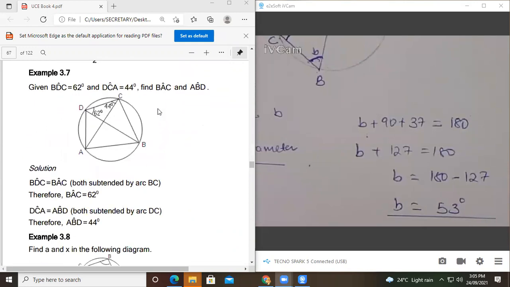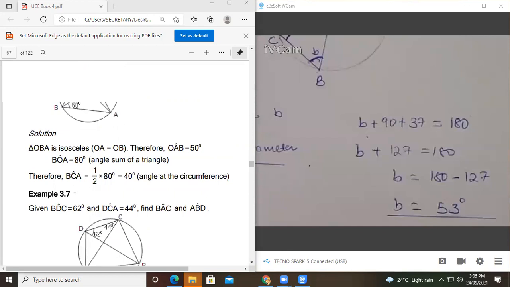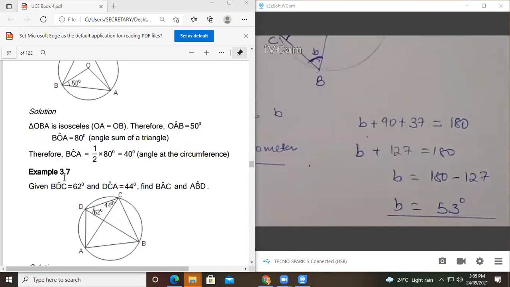Okay, so let us look at example 3.7. We are looking at all those questions that we didn't do. So 3.7 is here. Did we look at this one? Let me check. I don't think so. Okay, can we look at that question?